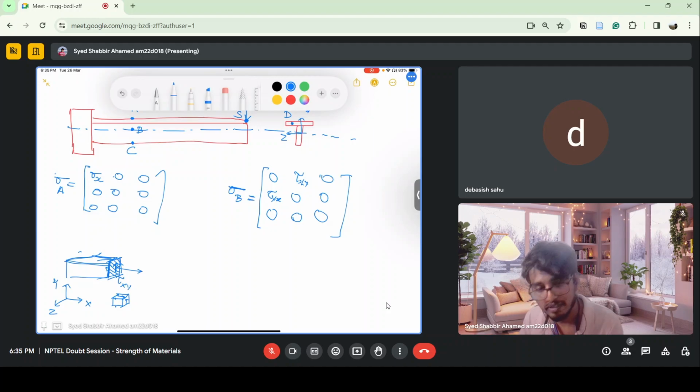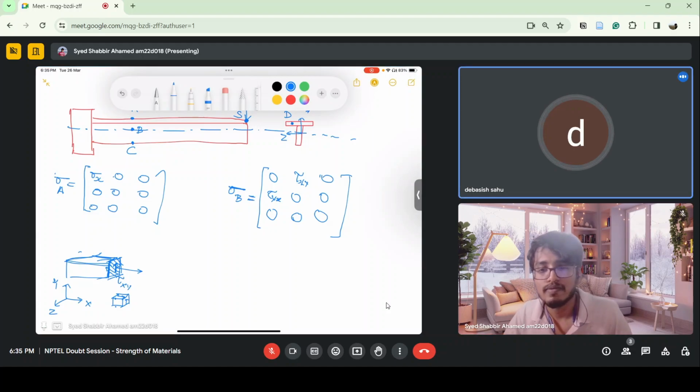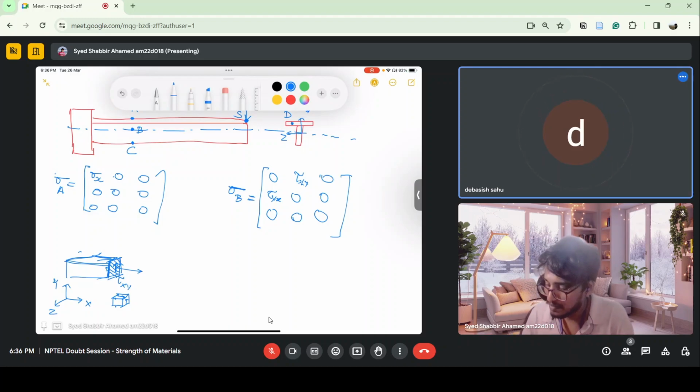That's why this is the y plane. So for the stress generated, tau xy, the counter stress is tau yx. In 3D, maybe there is a plane in the z direction also.